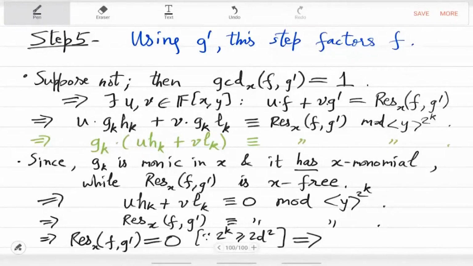Now this resultant being absolutely 0 would mean that there is a GCD. It's not 1, which is the contradiction, right?